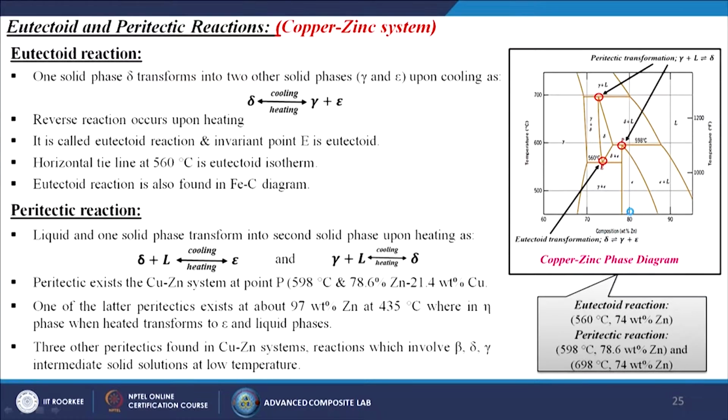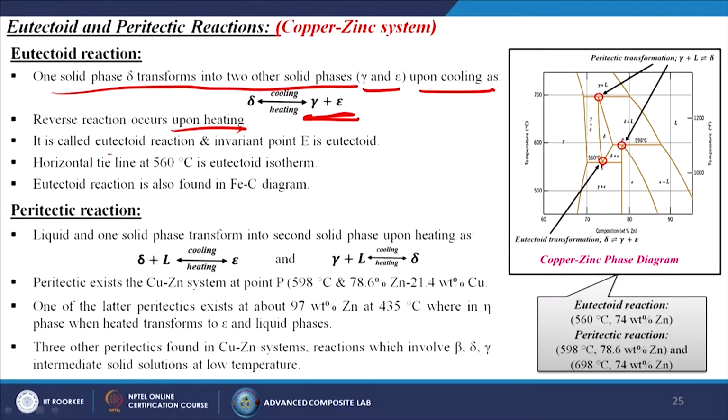Now, we are going to discuss the eutectoid and peritectic reactions for the copper and zinc system. Copper and zinc both have different melting temperatures. In the eutectoid reaction, one solid phase, delta, transforms into 2 other solid phases, gamma and epsilon, upon cooling. The reverse reaction occurs upon heating.